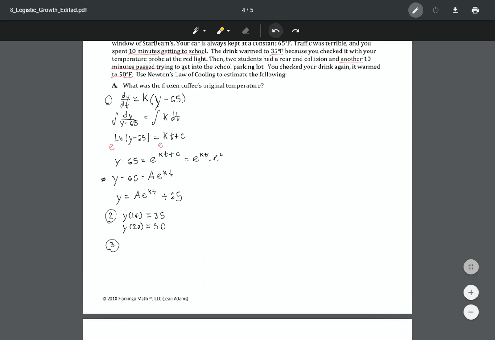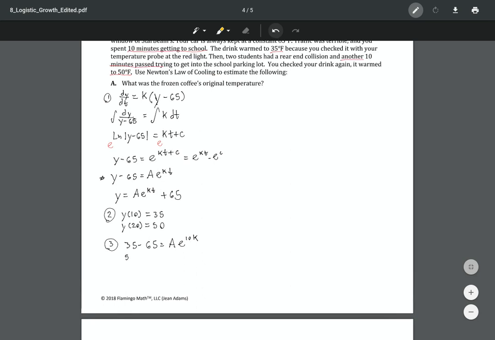So I have 35 minus 65 is equal to a e to the 10k. t is going to be in minutes in this case. And then the next one is 50 minus 65 is equal to a e to the 20k.